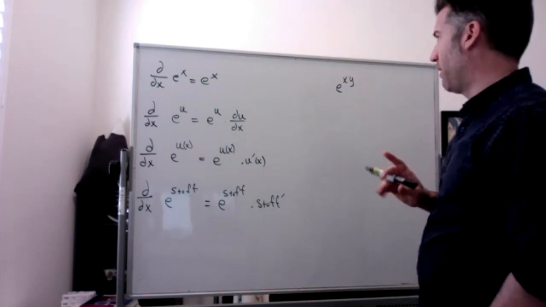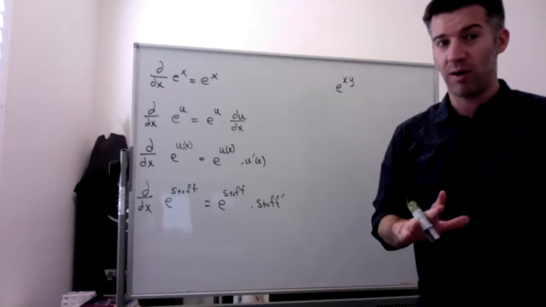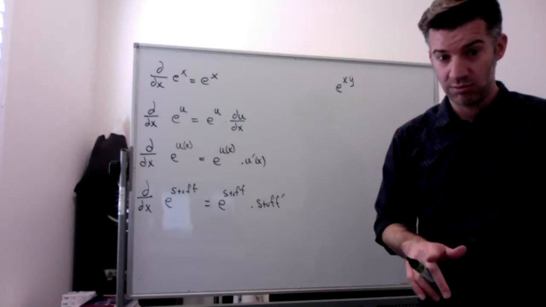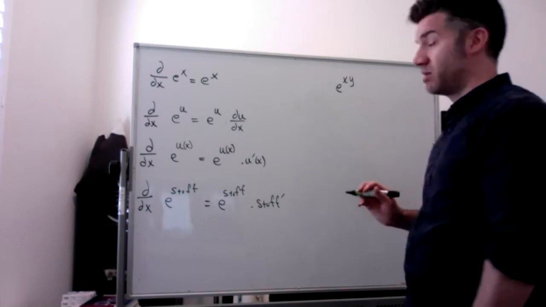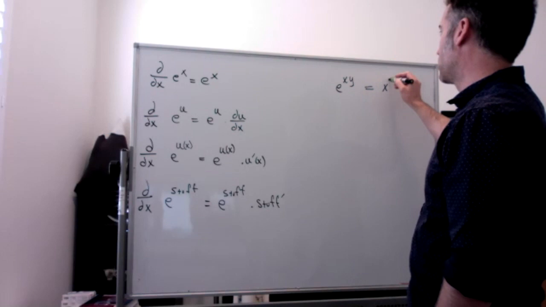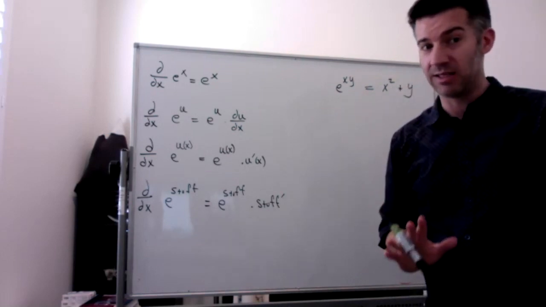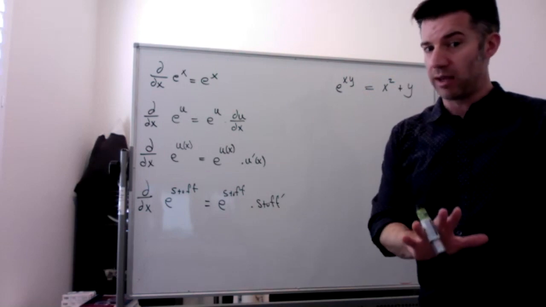Okay. I feel like there needs to be more to the problem than just that. We probably need to have an equation. Like maybe you have something like e to the xy equals x squared plus y, or something like that. Does that seem like what's happening?